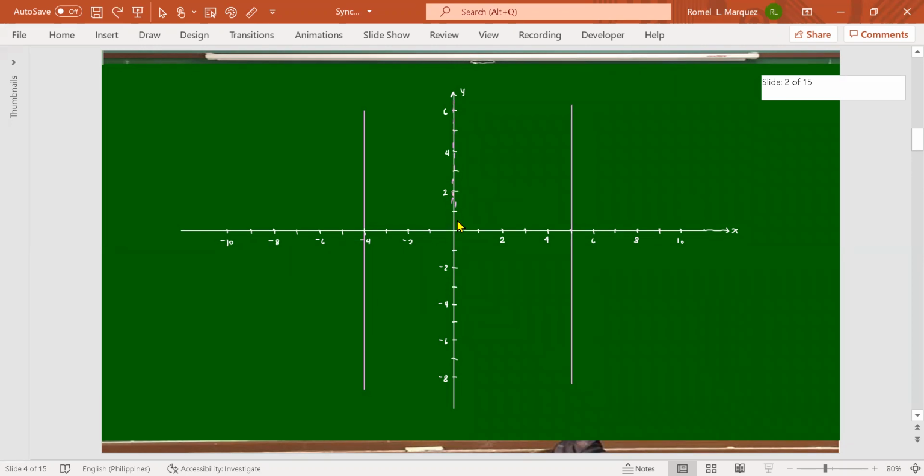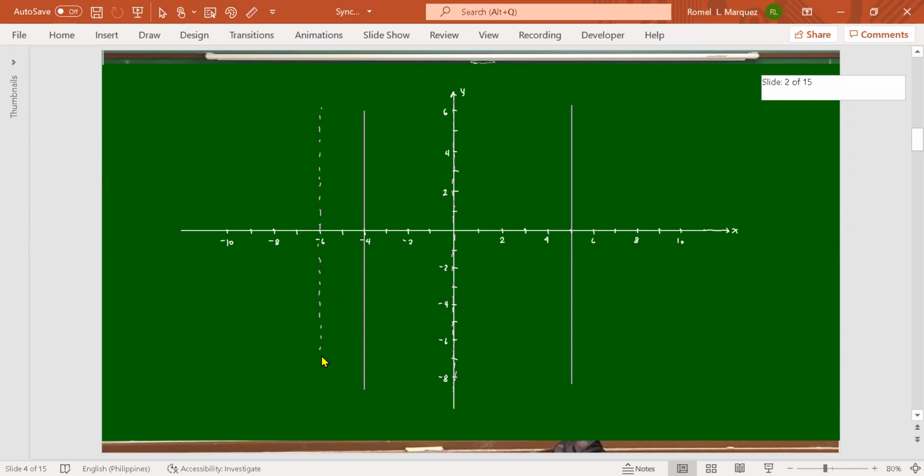That is a vertical asymptote. What else, guys? x equals negative 6. This is also a vertical asymptote. Vertical asymptotes are never intersected, while horizontal asymptotes can be, like what we had, where there is an intersection.